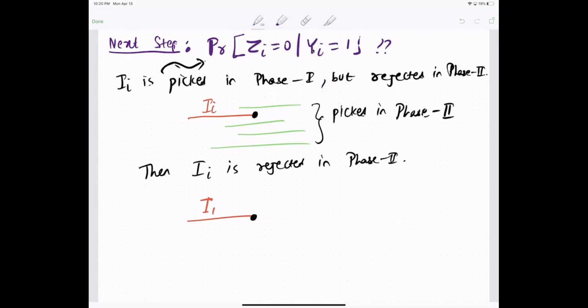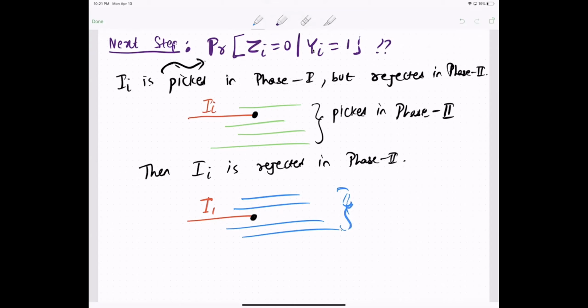Okay, so now let me redraw this figure. Now let me use a different color. So now I'm saying these are segments. Again, I'm using the word segment. I should be saying intervals. Forgive me for that.